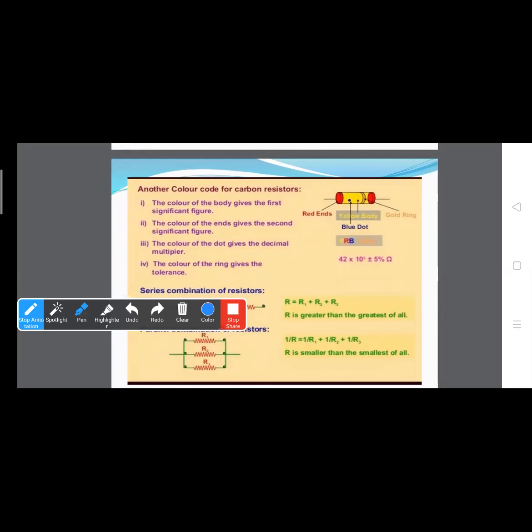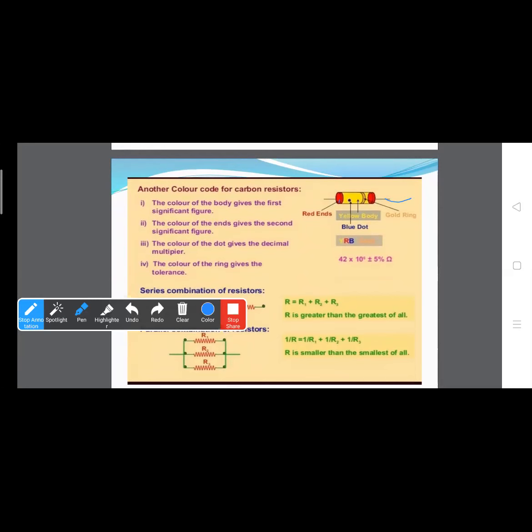this resistor. Here the color of the body gives the first significant digit. Here red color is the first significant digit, and the color of the end gives the second significant digit.